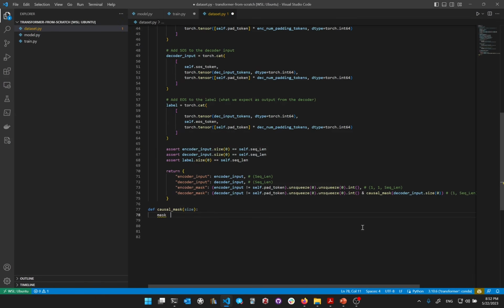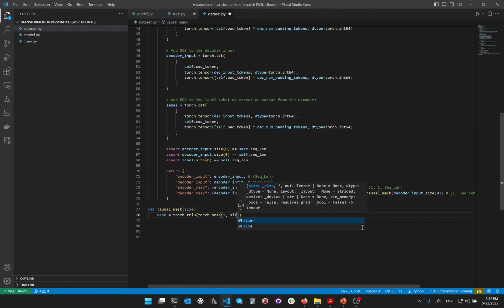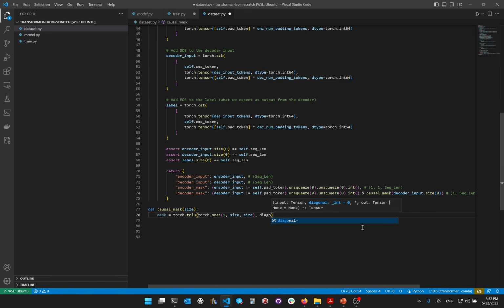So the mask is basically torch.triu, which means give me every value that is above the diagonal that I am telling you. So we want a matrix made of all ones, and this method will return every value above the diagonal, and everything else will become 0. So we want diagonal 1, and type we want it to be integer, and what we do is return mask equal to 0.